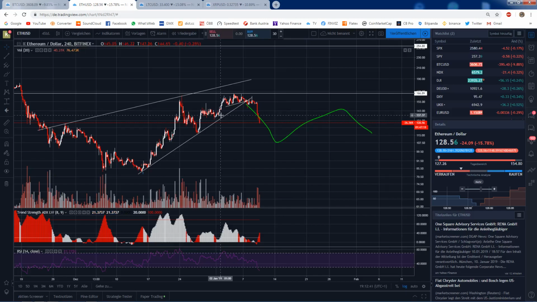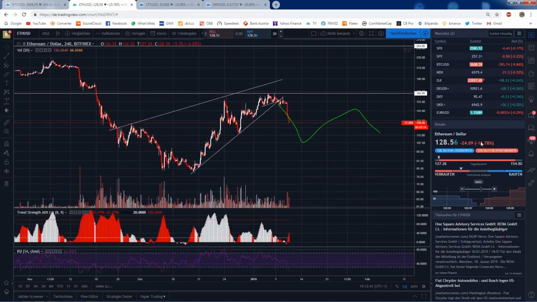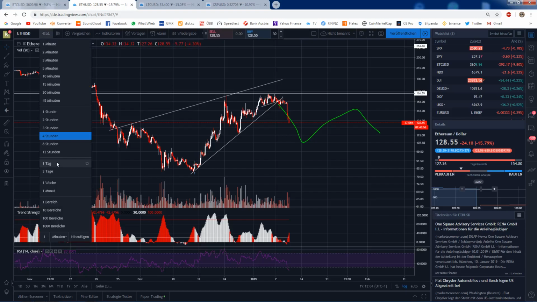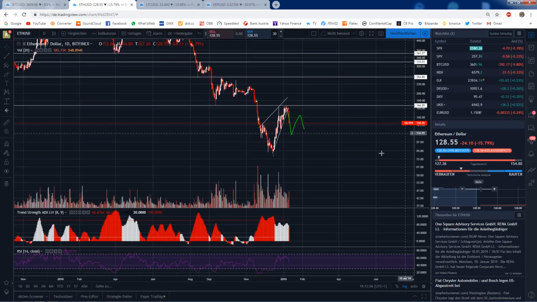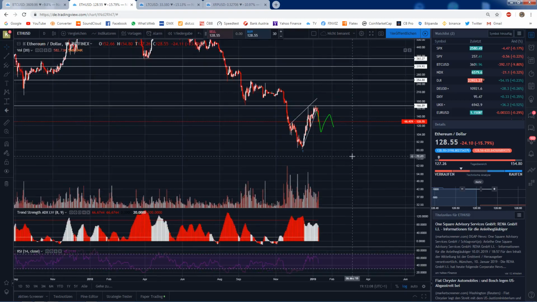So what is nice is that we are seeing bigger moves in Ethereum than in Bitcoin. So if you want to paper trade, then you can decide to go to Ethereum rather than Bitcoin, because there is just a little bit more volatility. I mostly don't do it because I'm quite comfortable with Bitcoin's moves, and I'm just used to them.